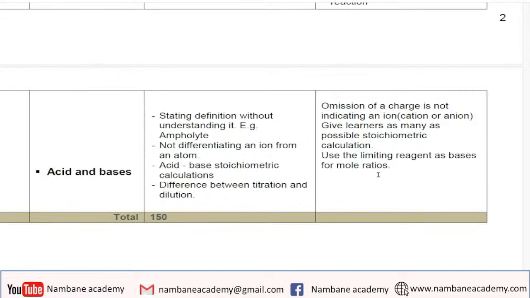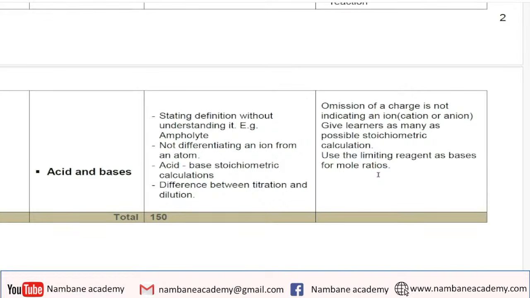And the limiting reagent and the excess reactant then become very, very important. But stoichiometric calculations, especially in cases such as this one, we know it is always about using what you have to find what you do not have. Those are the possible calculations that you must expect.